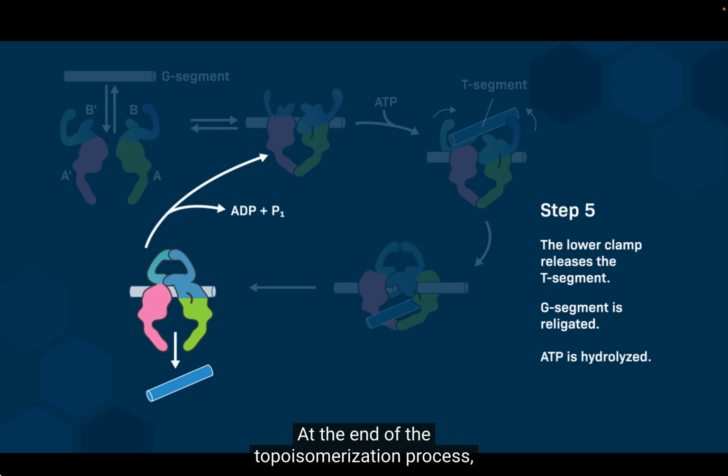At the end of the topoisomerization process, instead of adding a new cycle of topoisomerization, the upper clamp opens again and releases the G segment.